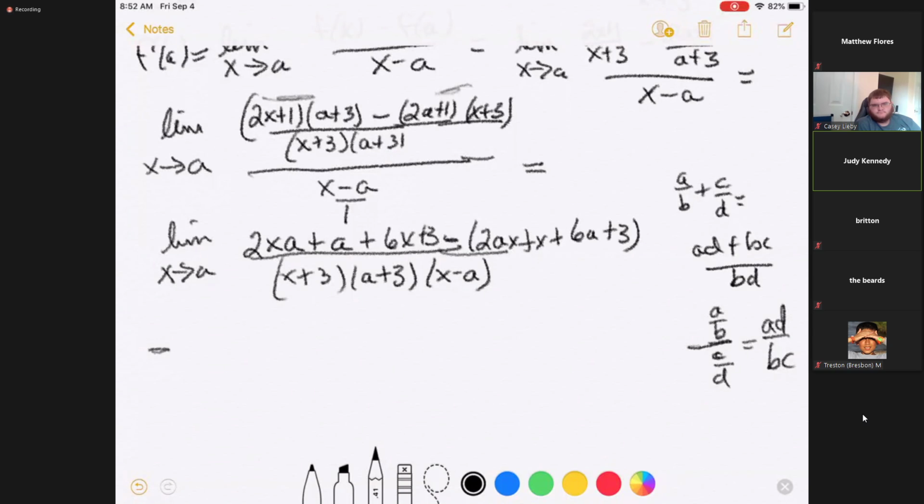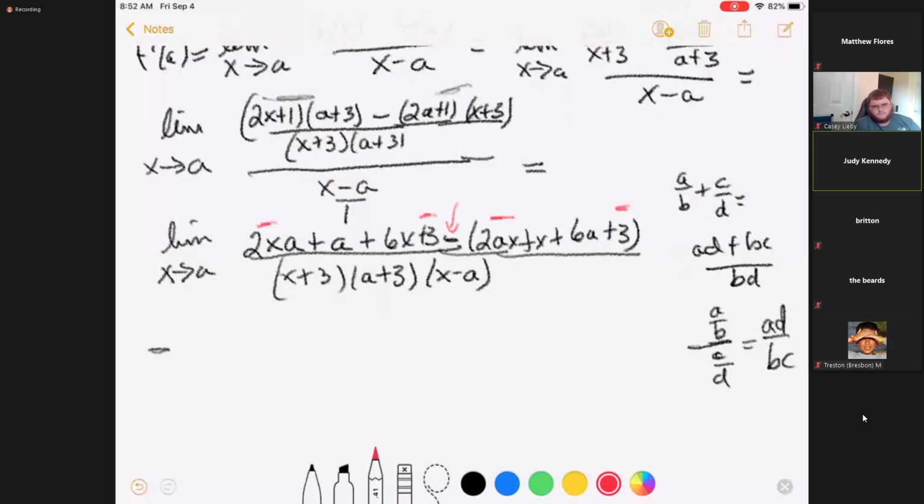Okay, but now some things are going to add out in the numerator. Let's see. I see this and I see minus that. And there's a 3 and a minus 3 because there's a minus outside the parentheses. I don't see anything else that adds out.